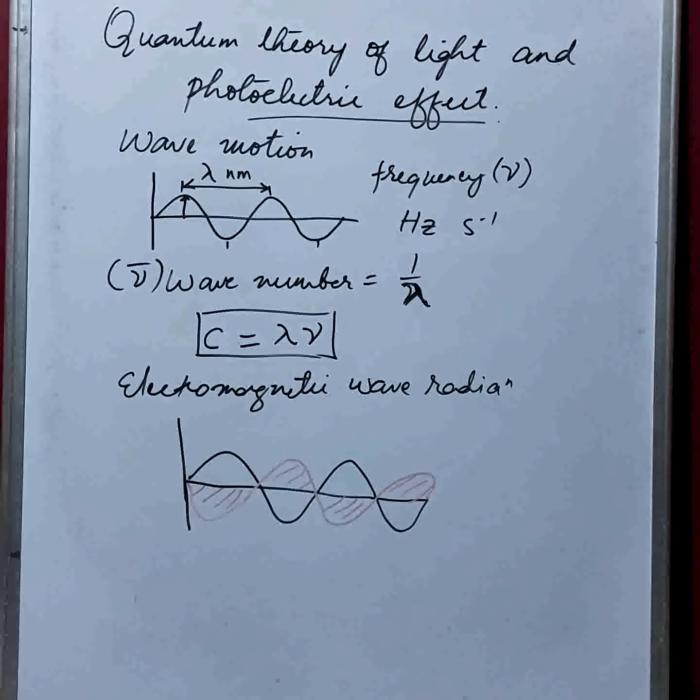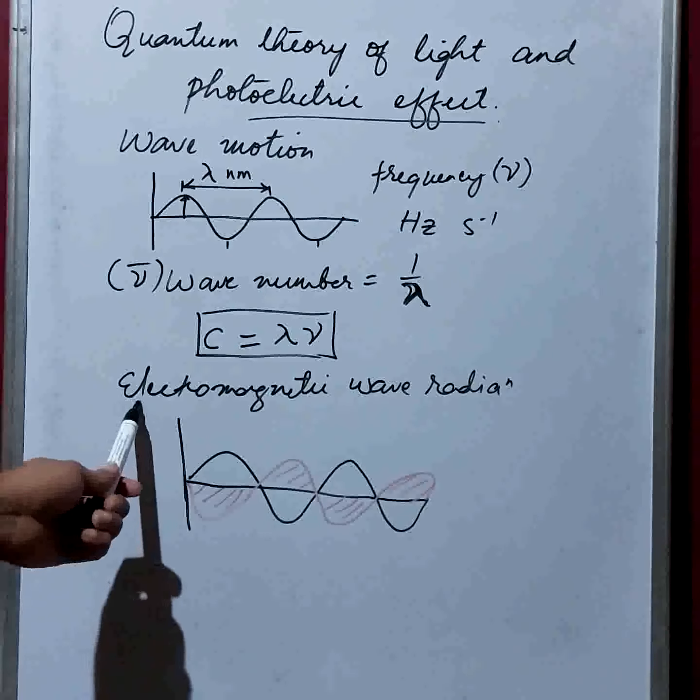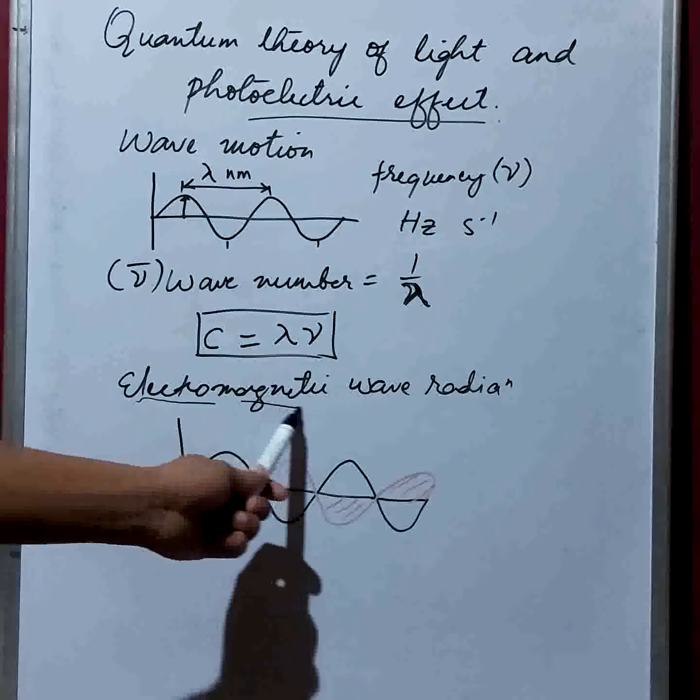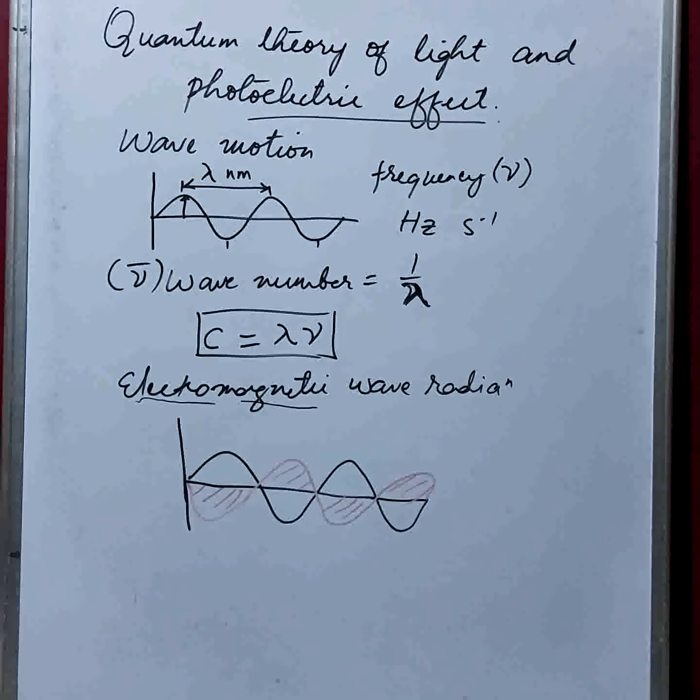So light waves are associated with electric and magnetic fields, therefore they are called electromagnetic waves. Different types of radiation exhibit this electromagnetic nature.